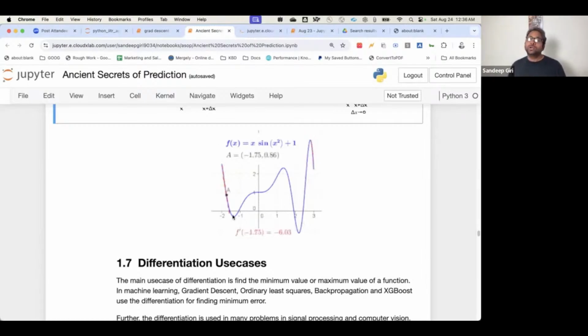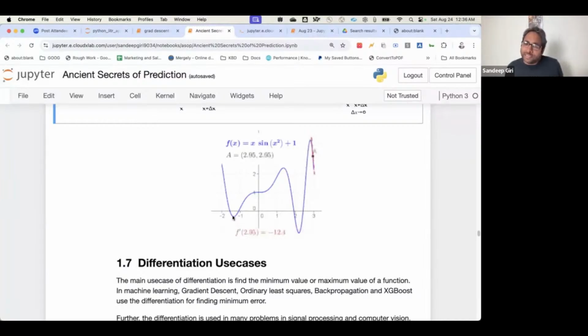Okay. Now, notice the second derivative. What happens at the bottom? The rate of change, what's happening to the slope? Slope is changing from negative to positive, right? Slope at the bottom is changing from negative to positive. Are you clear with that? And at the top, slope is changing from positive to negative. Okay?